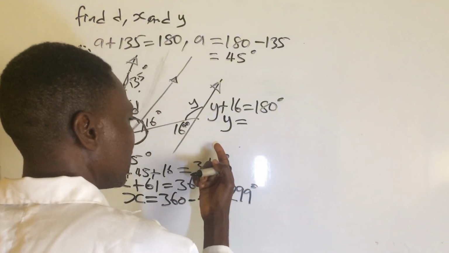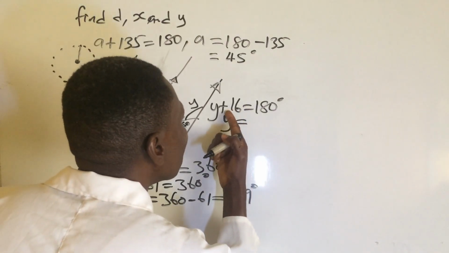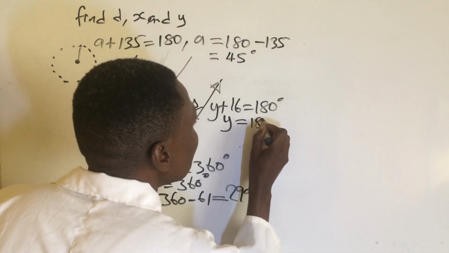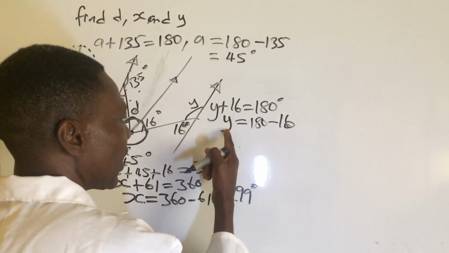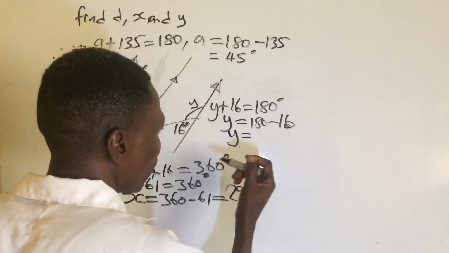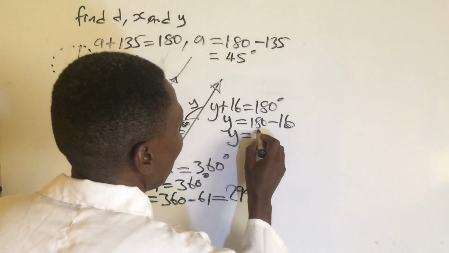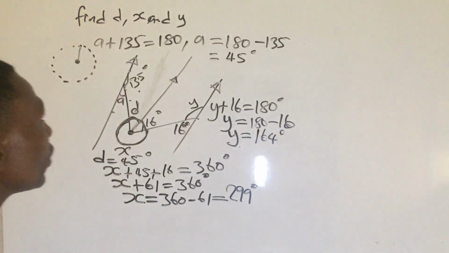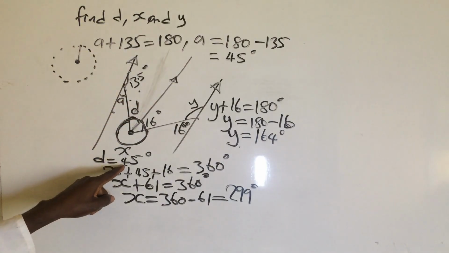But anything we do on this side, we should do on the other side. So we also subtract 16 on this side, giving y equals 180 minus 16. The final answer for y is 164 degrees.